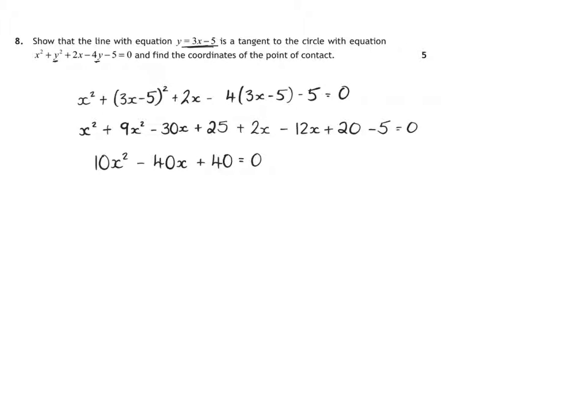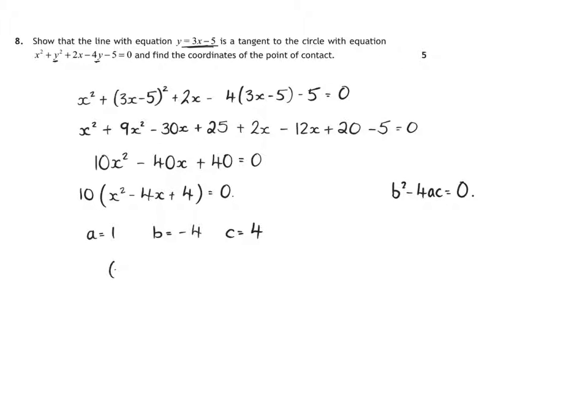Okay, so then from here we can take out a common factor of 10, so we get 10 times (x squared minus 4x plus 4) equals 0. So from here, for things to be a tangent, then b squared minus 4ac equals 0. So we're going to use this. So our a is 1, our b is minus 4, and our c is plus 4.